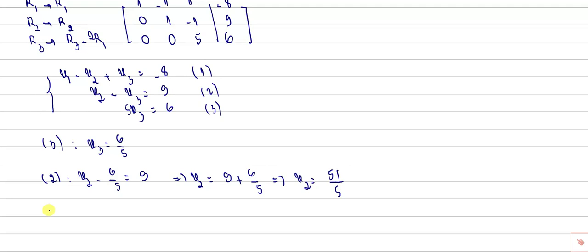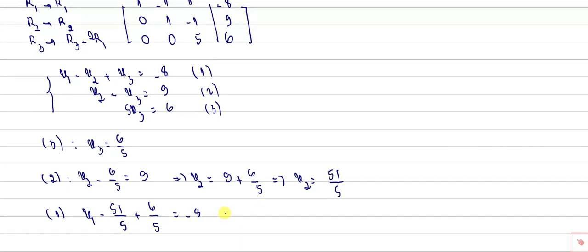And equation 1 is x1 minus 51 over 5 plus 6 over 5 equal to minus 8.